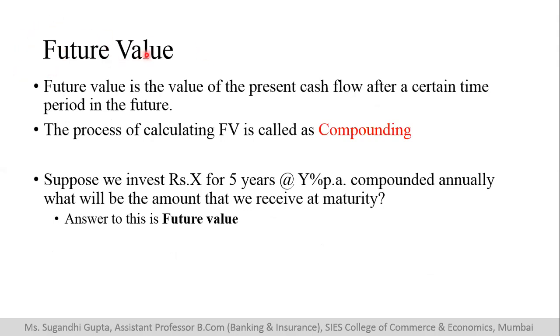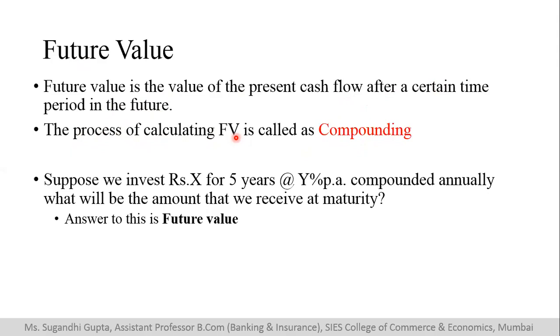So, future value is the value of a present cash flow after a certain period of time. The process of calculating future value is called compounding. Now, if I tell you that a certain amount of money has been deposited into the bank at a particular rate of interest, but how much will I get at maturity?